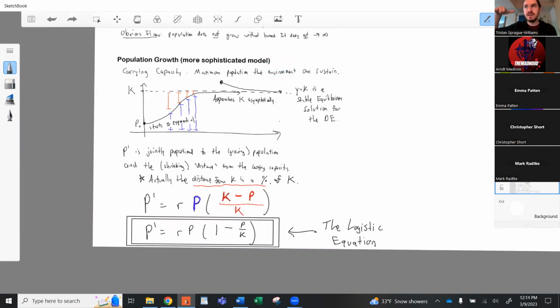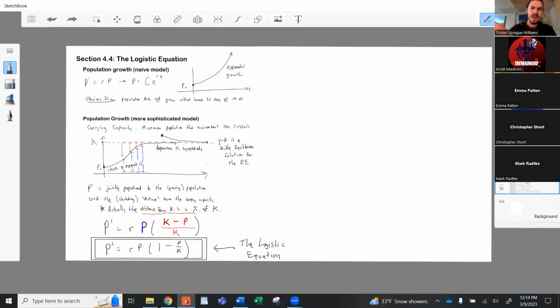It's a combination of exponential growth and carrying capacity. If we want to adjust things about it, we just adjust the parameters R and K. P is the solution, the variable, but R and K are parameters we can adjust.